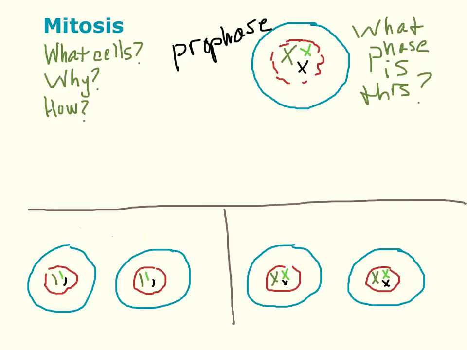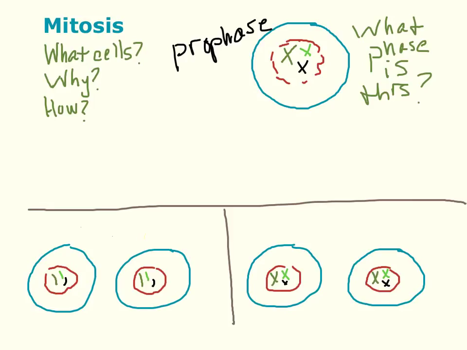And this is important because down here I have possible outcomes. So if you had to draw the outcome of mitosis, would you pick this as the outcome or this as the outcome?